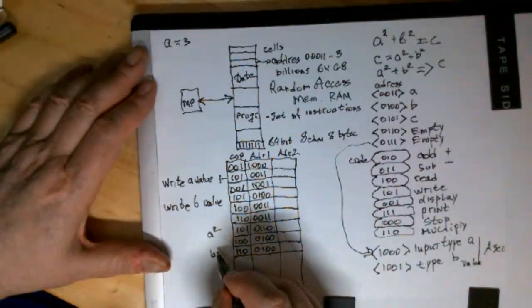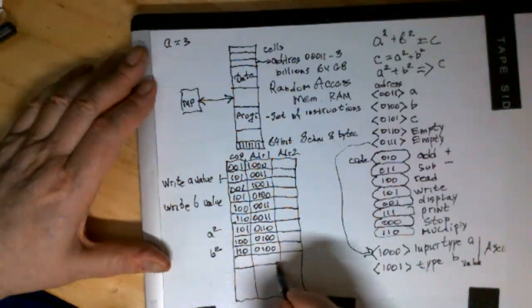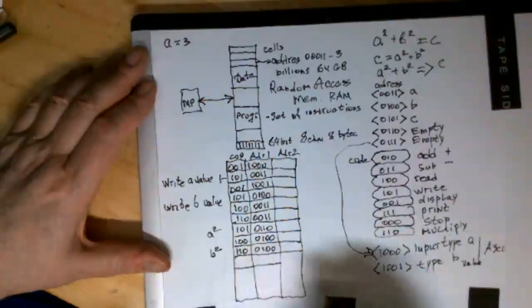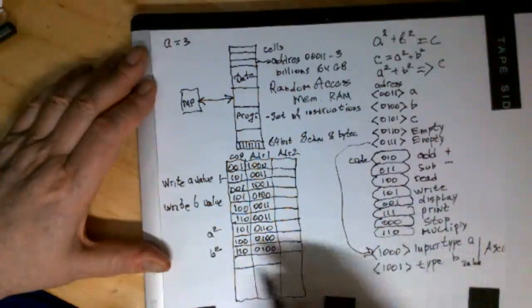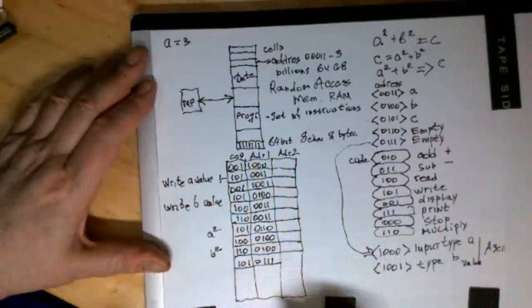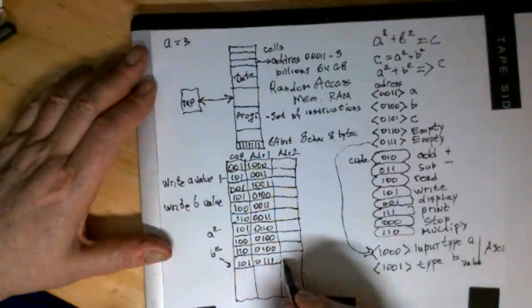So that will be B square calculated. And now I need to write it down to another empty cell. Write is 101 to the empty cell 0111. Now in this cell will be B square.